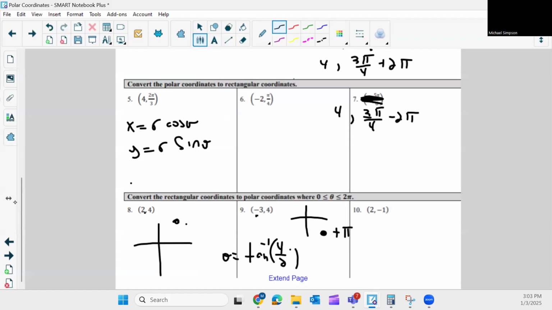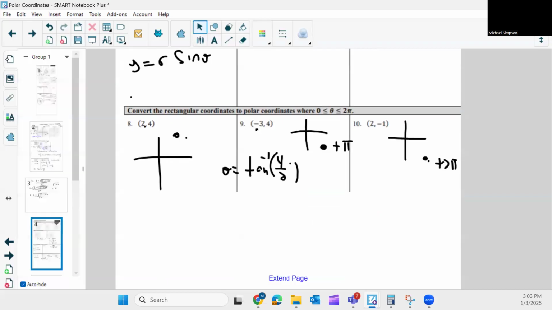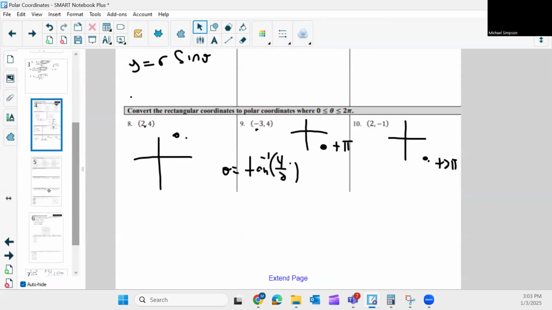And here, this point is going to be in the fourth quadrant. When you find the angle, it's also going to be in the fourth quadrant, but your angle is negative. So you have to add 2 pi to this one. Just make sure you understand how to do those. What's next?